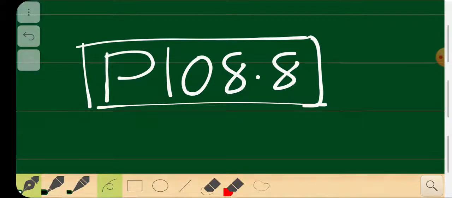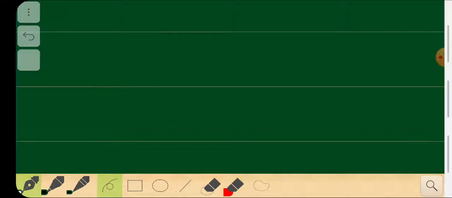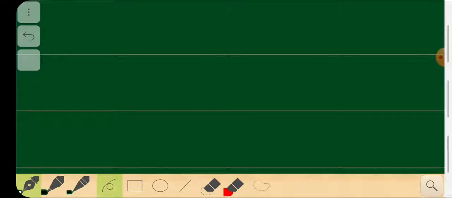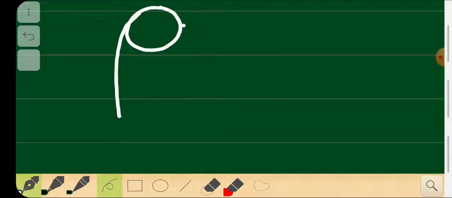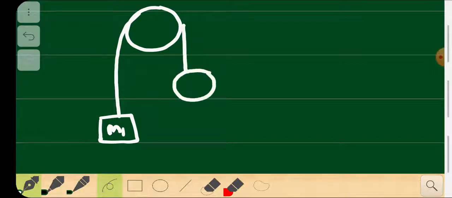Okay, so let's go. The first thing I'm going to say is that there is a pulley like this, and the pulley is holding some mass on either side. This has the mass, say m1. M1 is here, and on the other side there is another pulley.